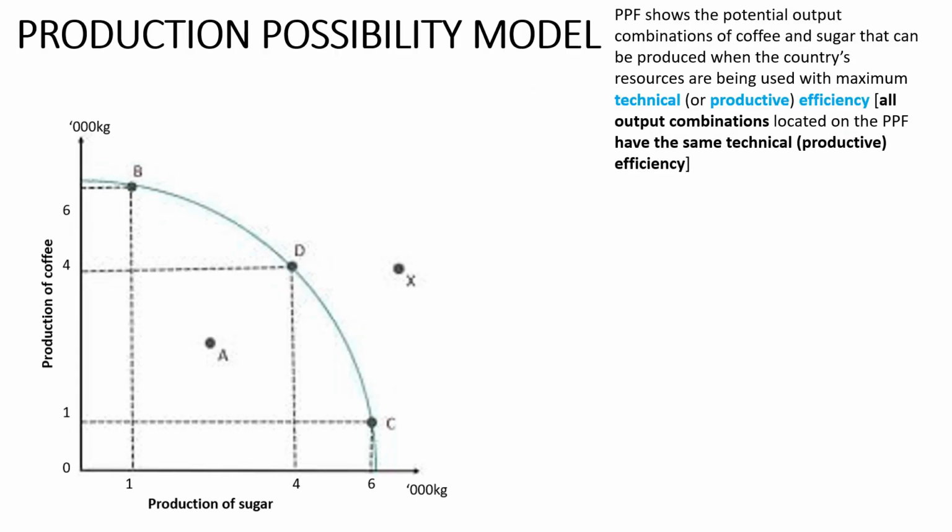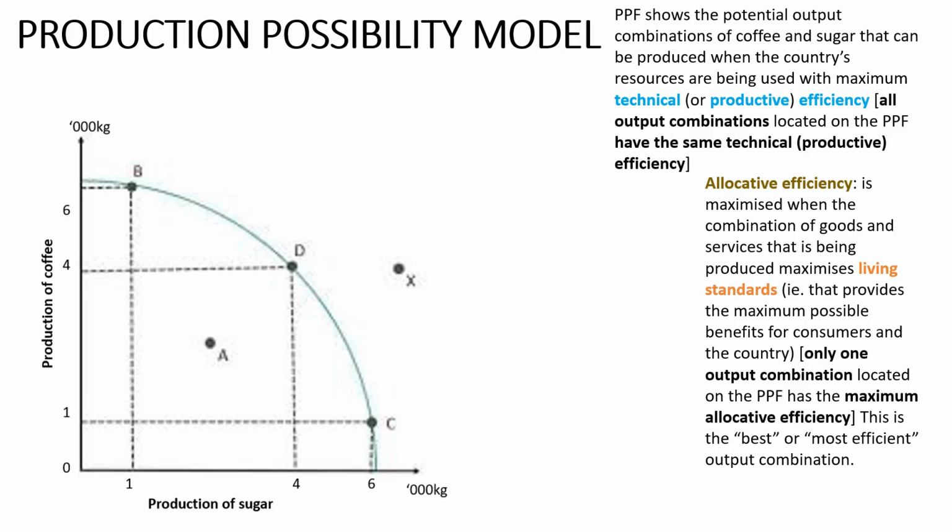Now, while all output combinations on a country's production possibility frontier have the same technical efficiency, which is the maximum technical efficiency, as these output combinations are combinations that use the available resources to their maximum technical efficiency, only one of these output combinations has the highest allocative efficiency.